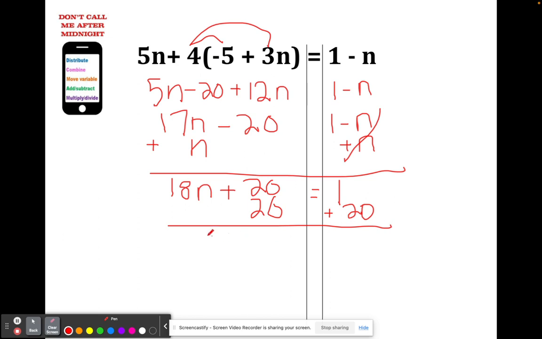And I get 18n equals 21. This is just going to give me a fraction answer. It's going to be an improper fraction. That's okay.